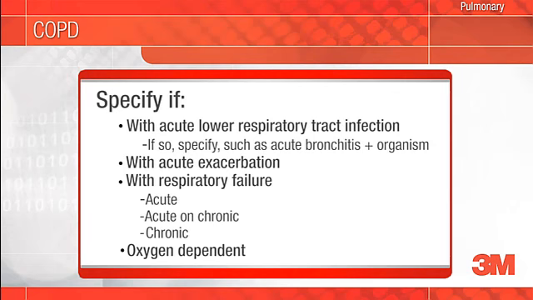When an infection is present, document the specific infection and organism when known or suspected. When respiratory failure is present, it should be specified as acute, acute on chronic, or chronic. Dependence on supplemental oxygen should also be indicated when applicable.